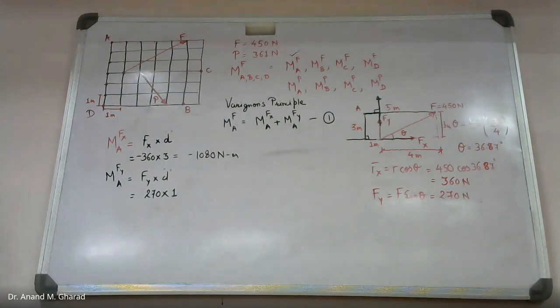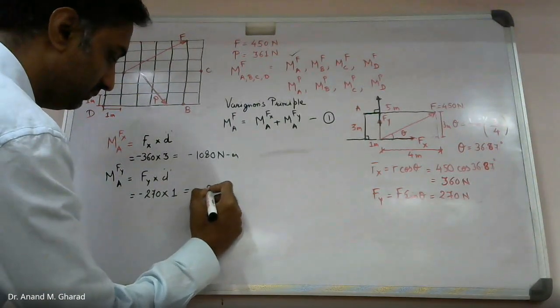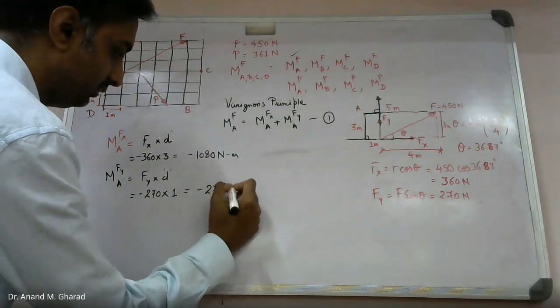And in what way is this going to rotate about that point A? Anti-clockwise. Exactly. Very good. Minus 270 Newton meter.